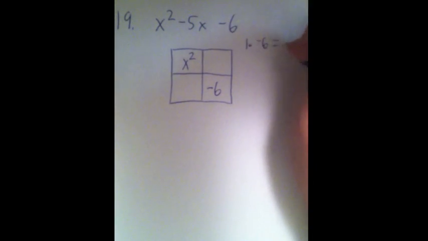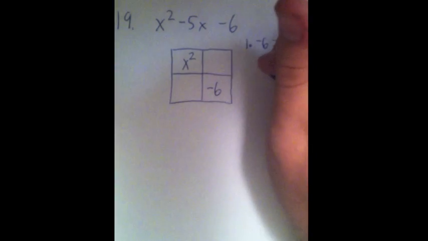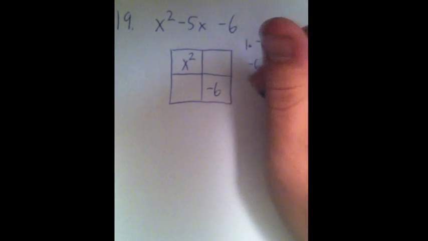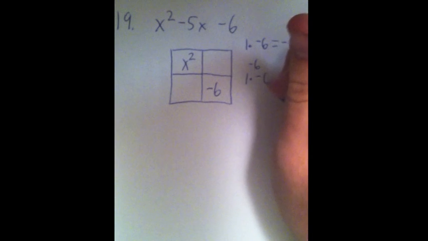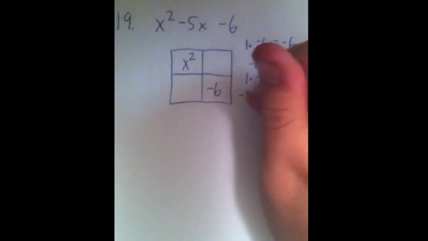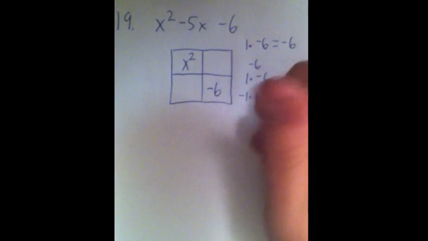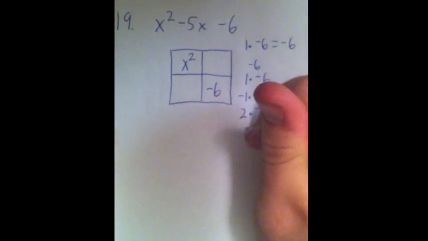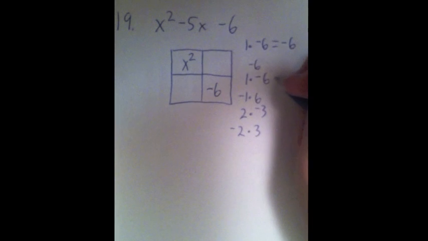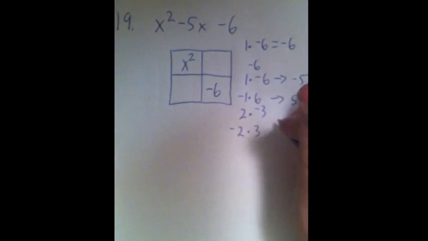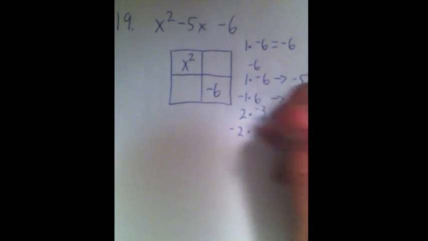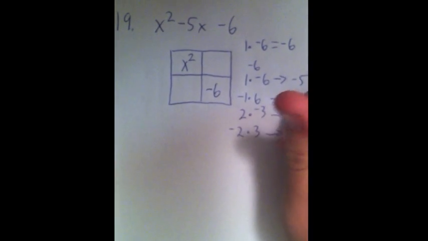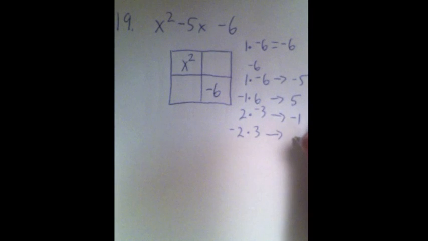Let's find the factors of 1 times negative 6, which is negative 6. So we know 1 and negative 6 will work. We know negative 1 and positive 6, 2 and negative 3, negative 2 and positive 3, and the factors we are looking for are the ones that combine to equal negative 5. So when we take 1 and we add negative 6 to it, we end up with negative 5.